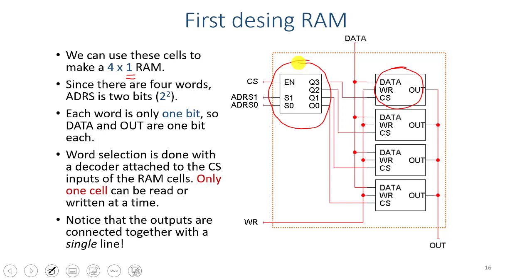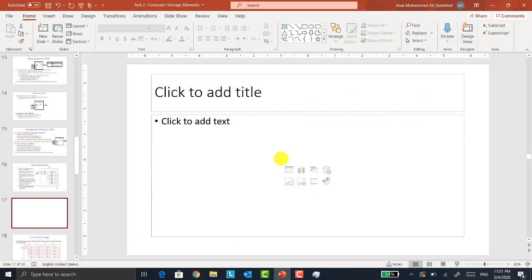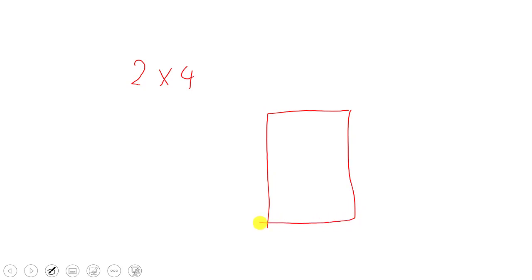A decoder, let me add a slide here. Okay, a decoder. Let me go back. A decoder will do what? If I have a 2x4 decoder, any decoder will have n inputs and 2 to the power n outputs.